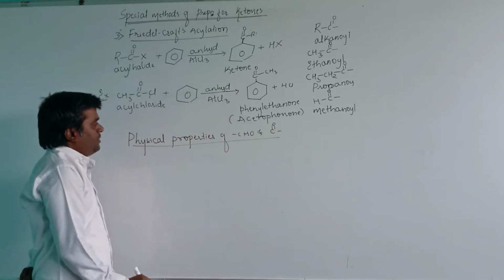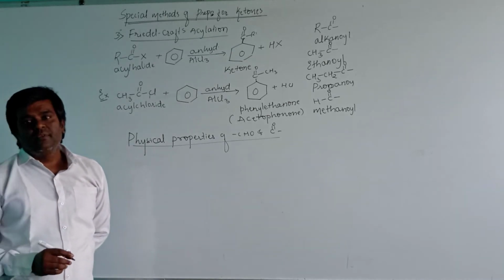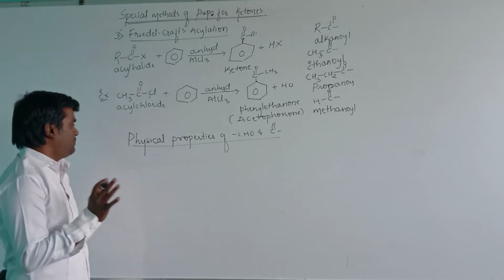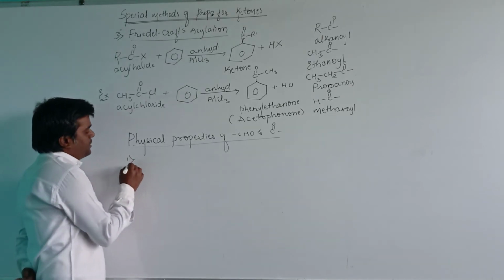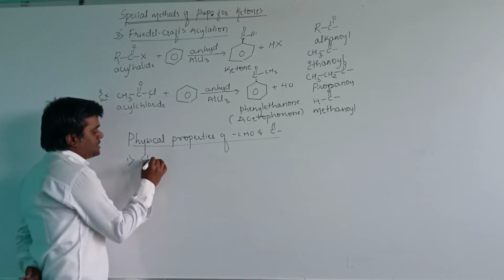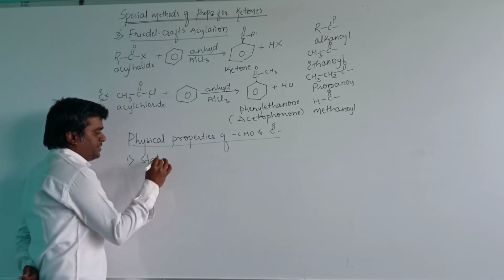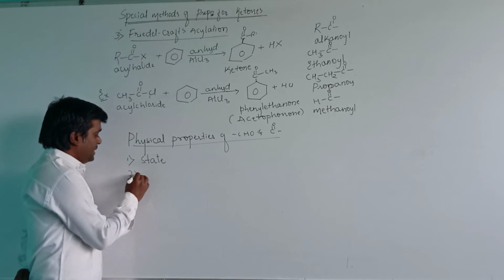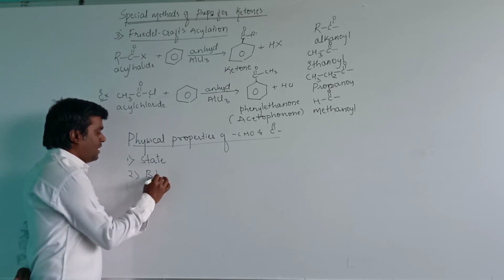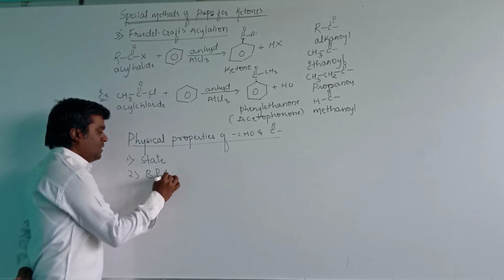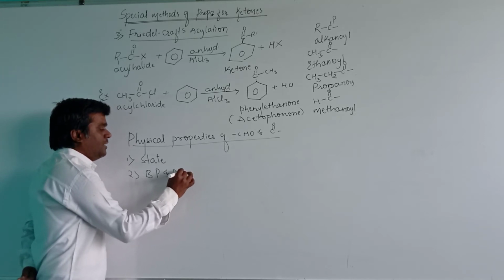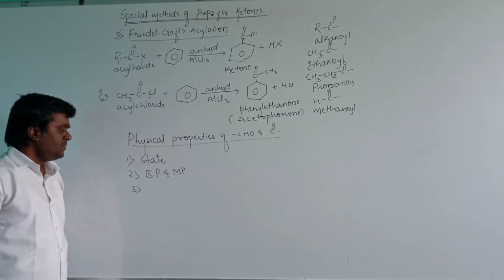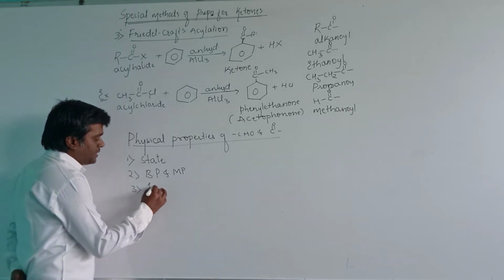During the study of physical properties of any compound, we will mainly see three points. The first one is physical state, the second one is BP and MP, that is boiling point and melting point, and the third one is solubility of those compounds.